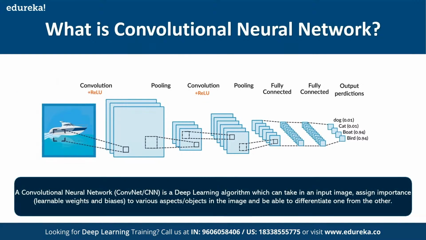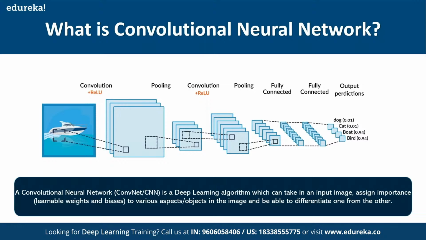A typical example of a convolutional neural network looks like this. I've got the image on the left-hand side, and on top of this image I'm applying various convolution operations, that means multiple convolution layers. Once I apply them, I'm doing some sort of pooling. Pooling means reducing the dimension. Once that is done, I'm again applying the convolution operation followed by pooling, and this is followed by fully connected layers.